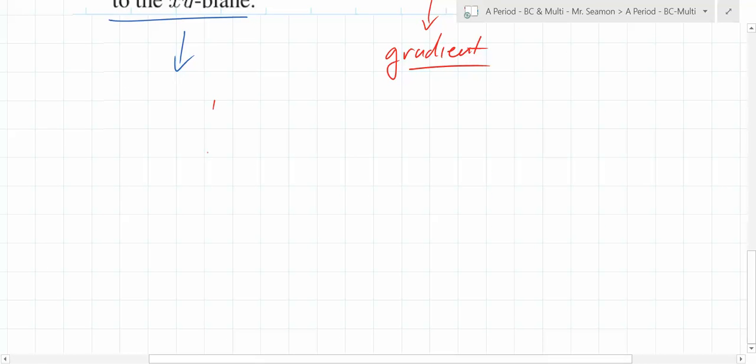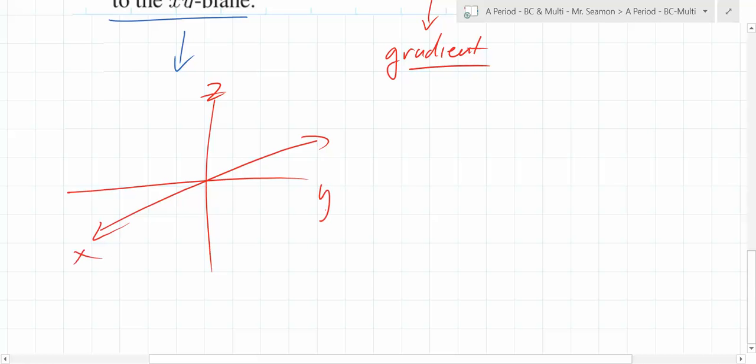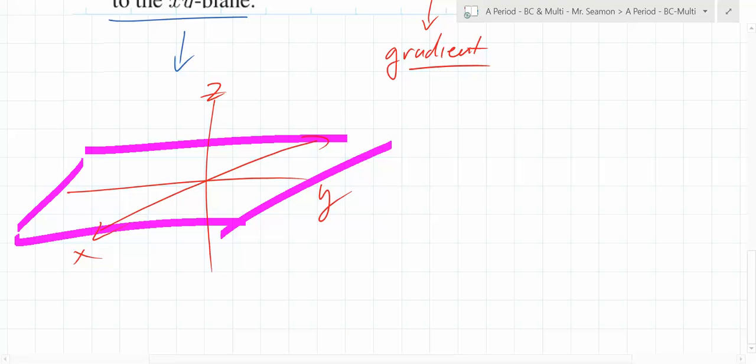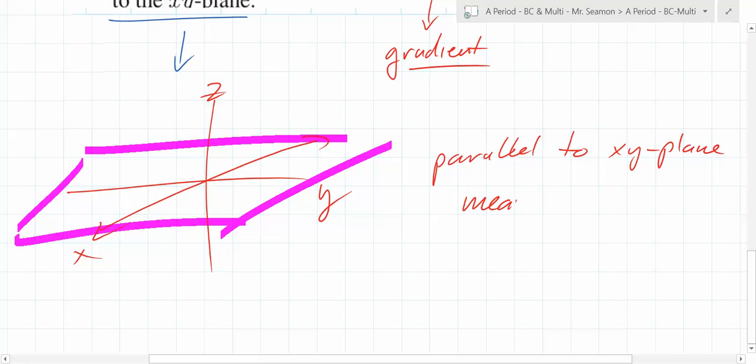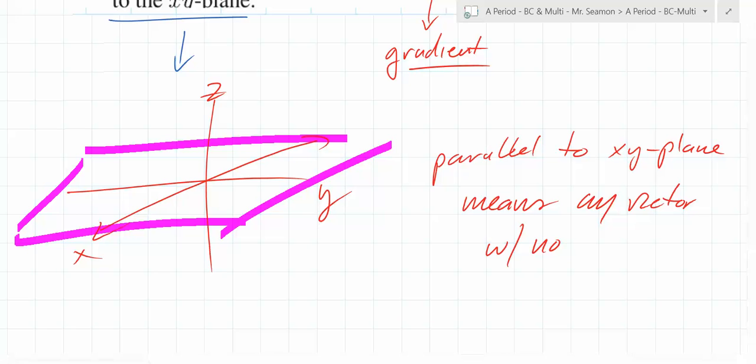I think it's the opposite of what you said, right? Because look, if you have z, x, and y, here's our xy plane, right? Like this. So parallel to the xy plane means any vector with no z component.